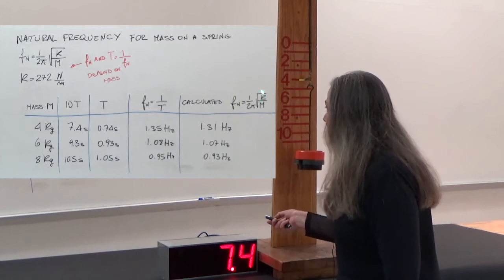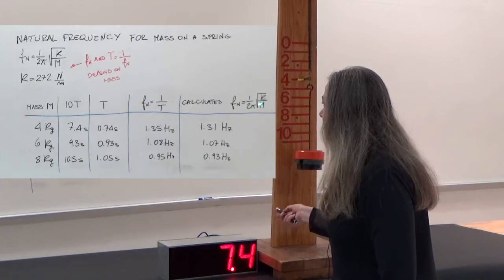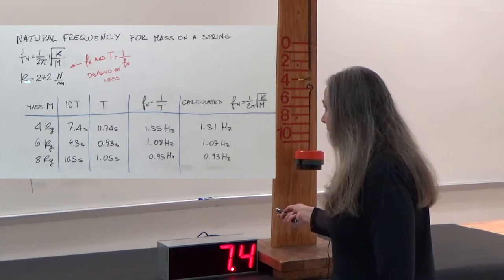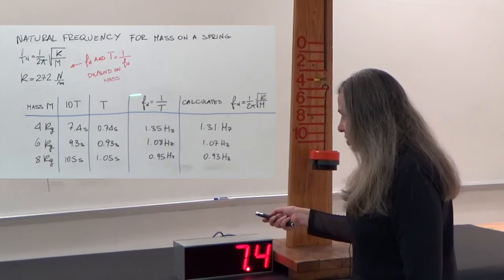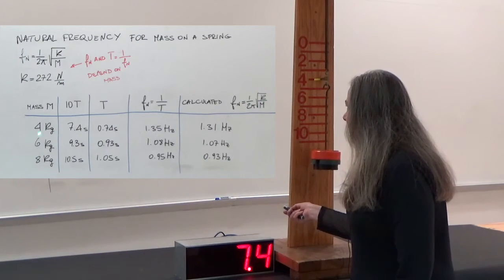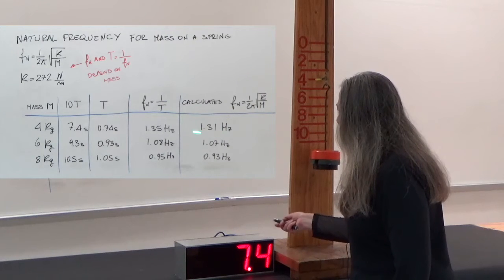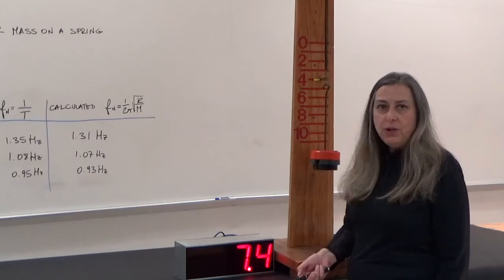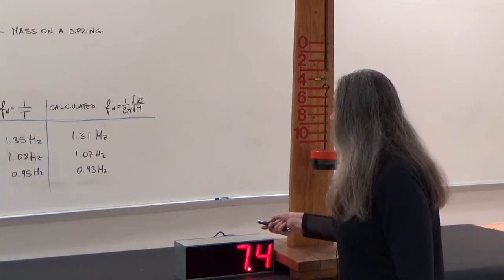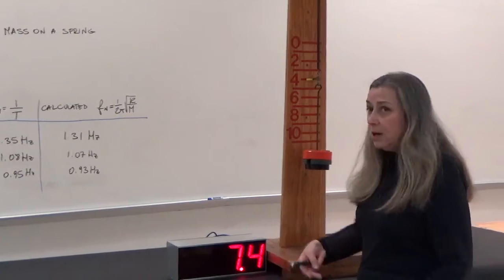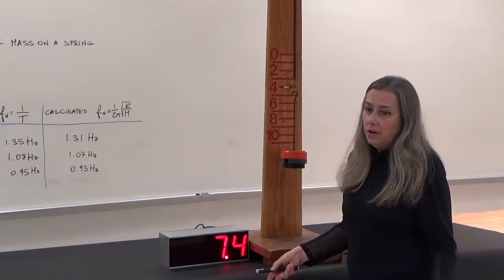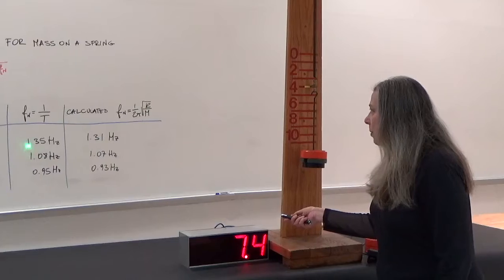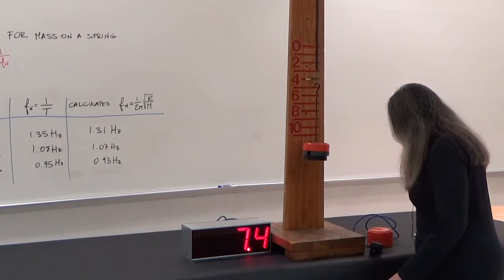If we plug in the numbers and calculate the natural frequency, assuming k is 272 newtons per meter and the mass is 4 kilograms, we obtain 1.31 hertz. The two are very similar to one another, so within the measurement error, these are identical numbers, 1.35, 1.31 hertz.